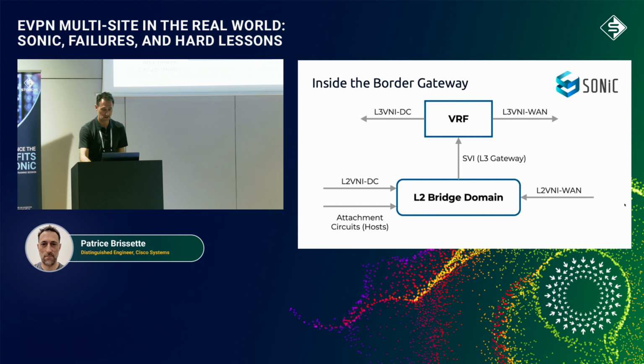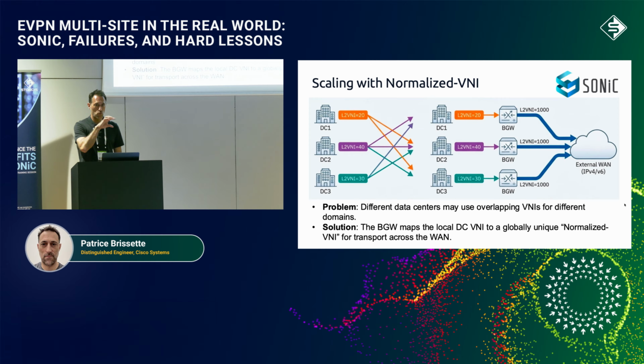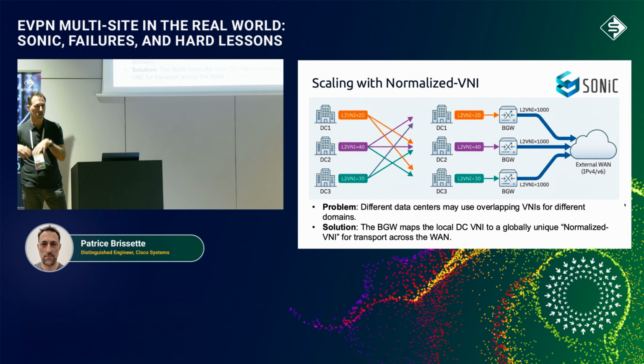One of the key pieces whenever you start doing this type of work is that you need to normalize all your VNIs within a domain. I can have a DC that already exists that uses VNI values. It's been there for a while, and you don't really want to touch it.